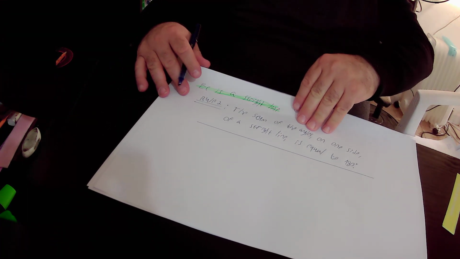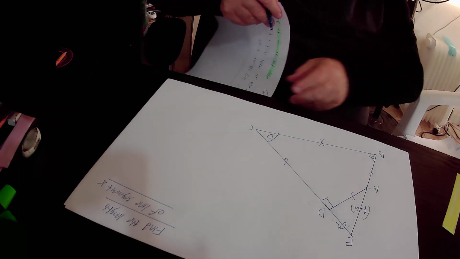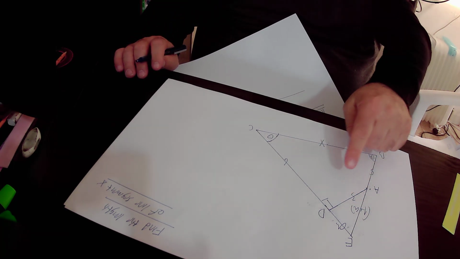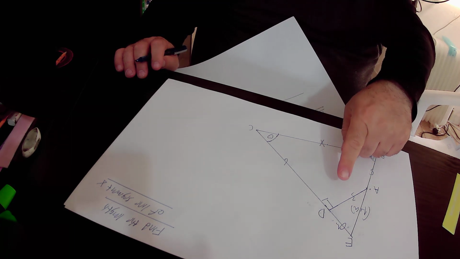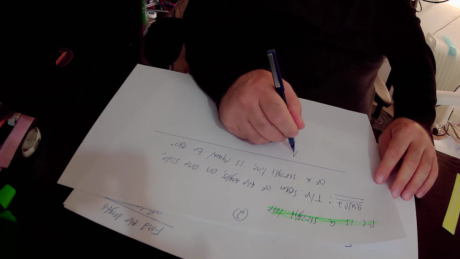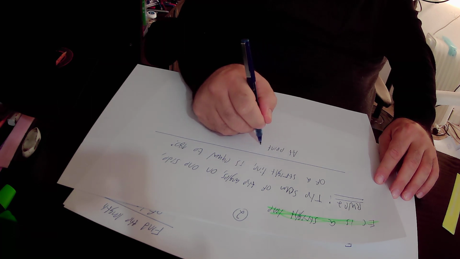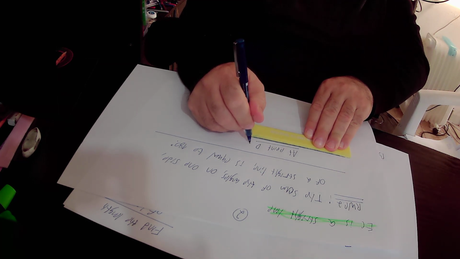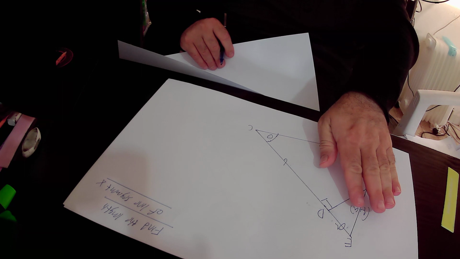So we know that EC is a straight line. If we focus on this side of the straight line EC at point D, the sum of the angles here must be equal to 180 degrees. At this side of the straight line EC at point D, which angles do we have?